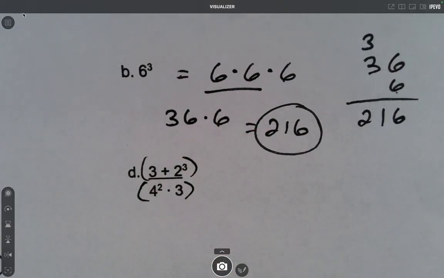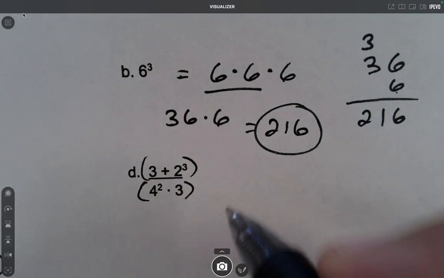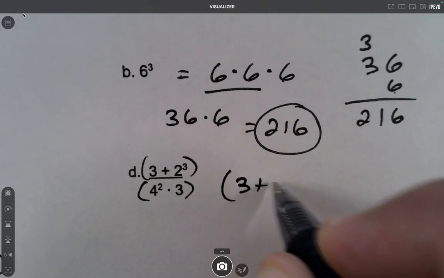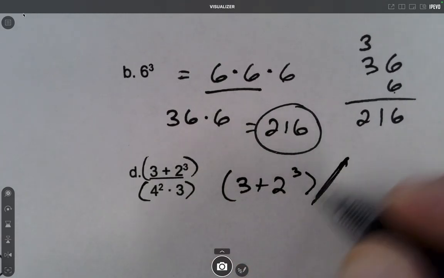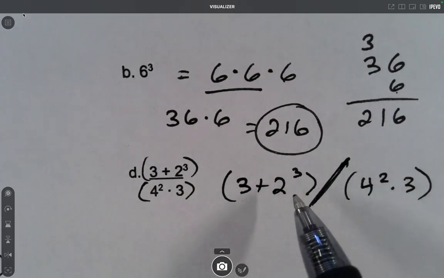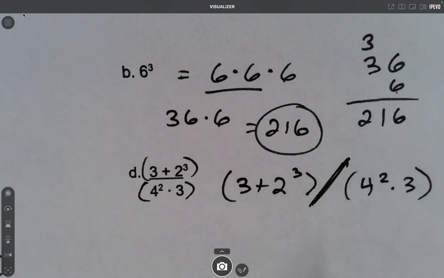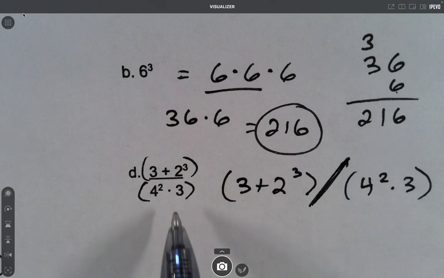The reason we have to do that is if we were to write this in one line instead of as a fraction, it's the division symbol, we would have to put parentheses around them in order for this to turn out correctly, because we're wanting to take the whole thing the top is equal to and divide by the whole thing the bottom is equal to.